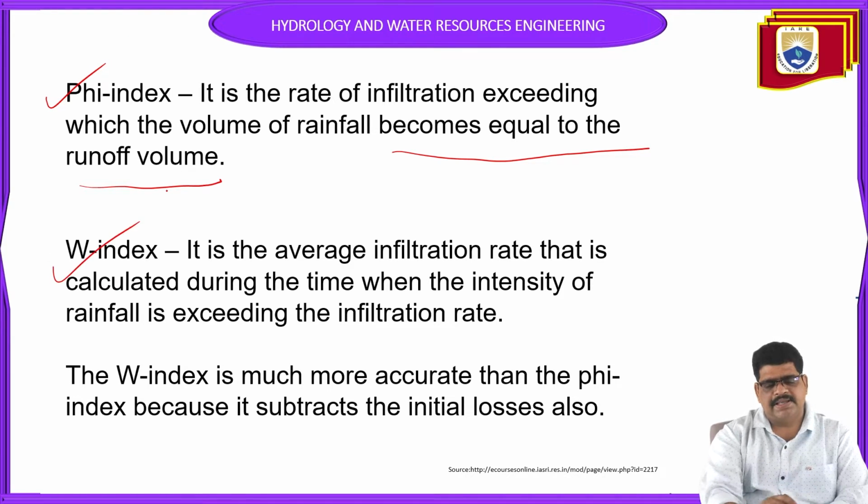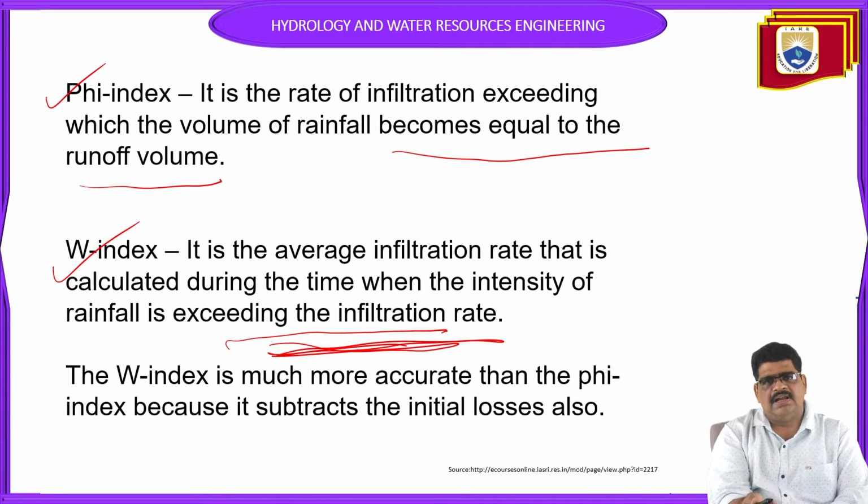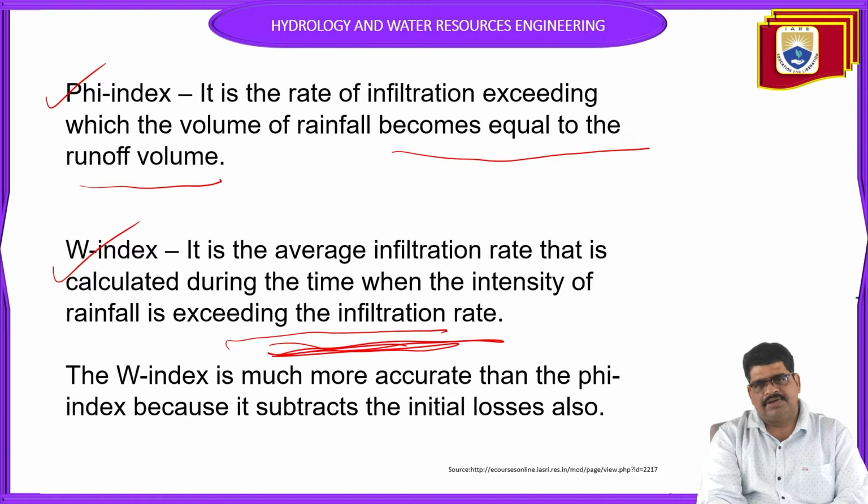Next, what about the W index? It is the average infiltration rate calculated during the time when the intensity of the rainfall exceeds the infiltration rate. That is the major difference between the Phi Index and the W index. It is a very important point for the GATE examination and other competitive examinations.